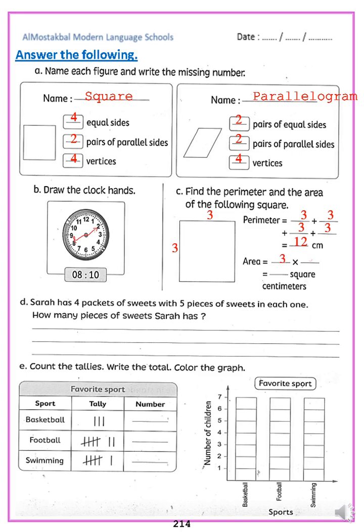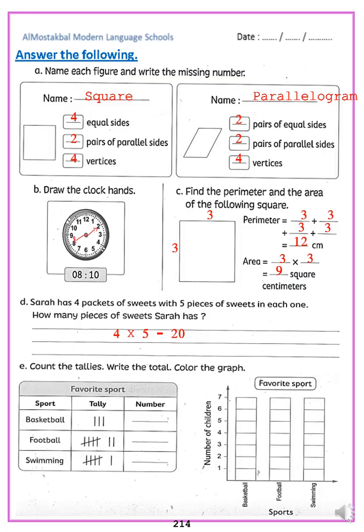Area 3 by 3 equals 9. The next question, Sarah has 4 packets of sweets with 5 pieces of sweets in each one. How many pieces of sweets does Sarah have? 4 by 5 equals 20.